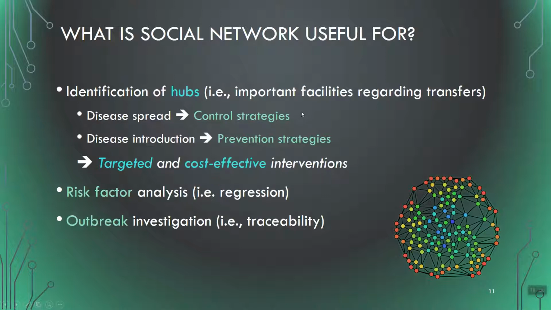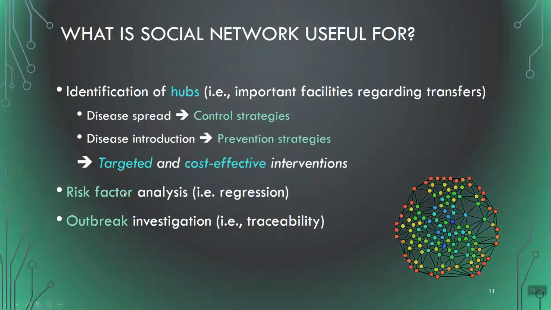If you know that a big hospital is sending to many other places, you should be implementing a lot of control strategies there. Also for disease introduction, you can do some prevention strategies. If a hospital is receiving, you want to be sure that it has prevention strategies in place. And I hope I'm using the right terminology. Okay, so that will allow us to create targeted and cost-effective interventions.